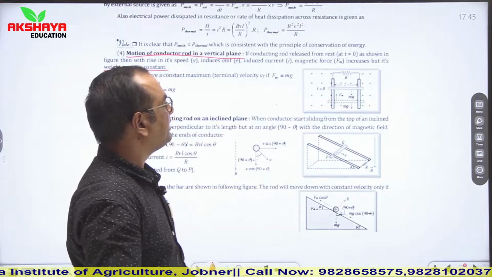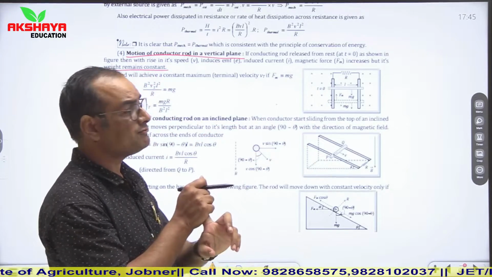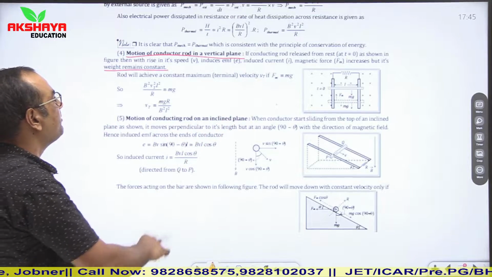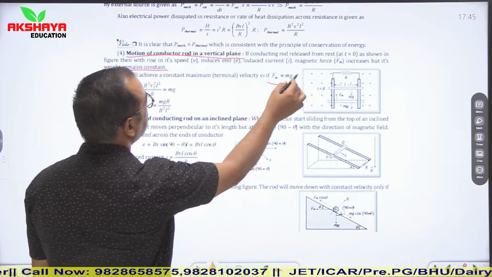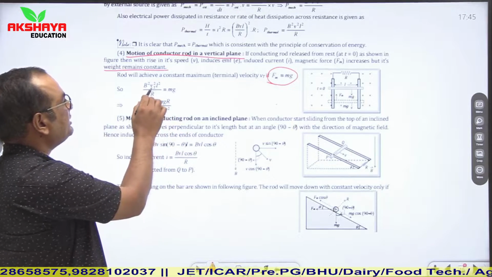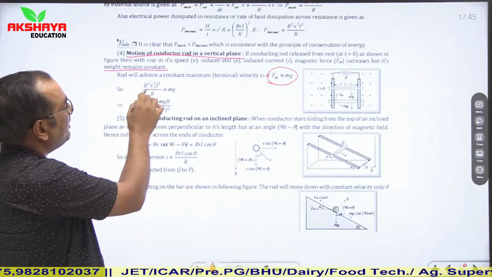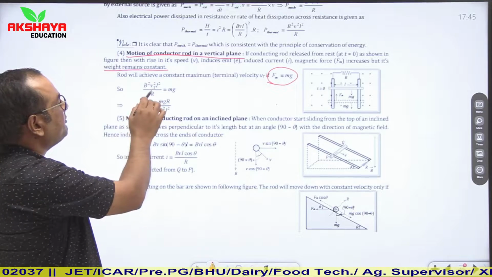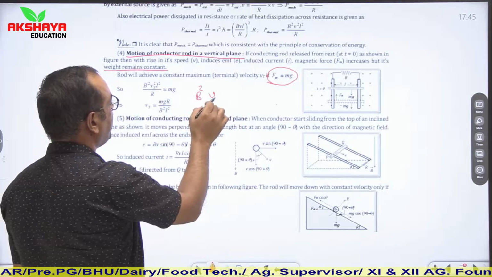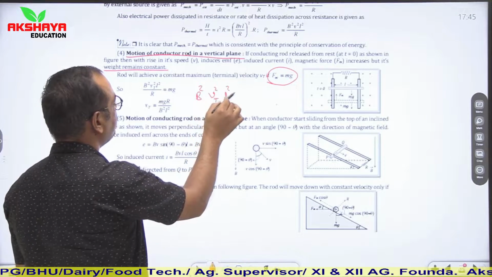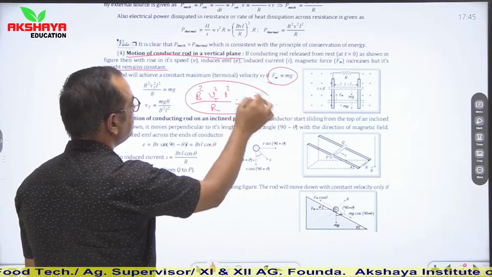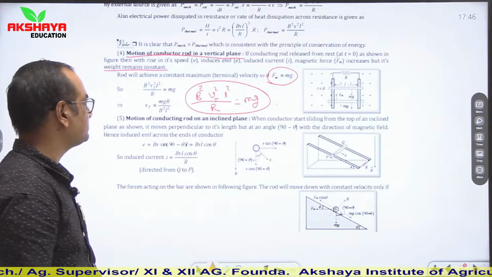Then induced EMF will increase, induced current will increase and magnetic force will increase, but its weight remains constant, meaning Fm is always equal to mg. So here you can calculate the terminal velocity Vt: B square Vt square L square upon R is equal to mg. In this case, it is balanced by its weight mg.